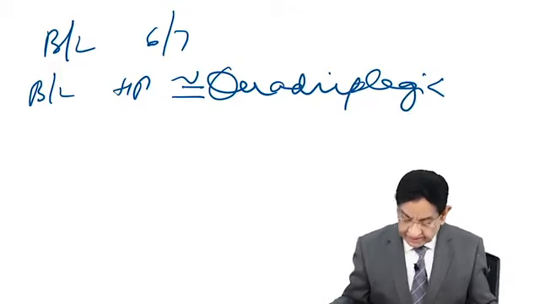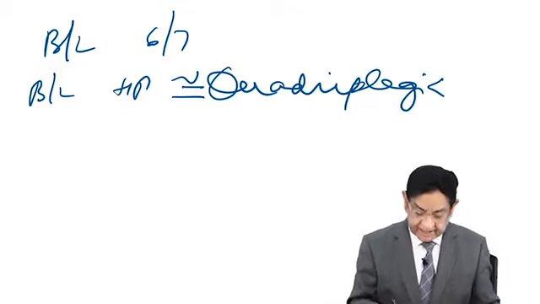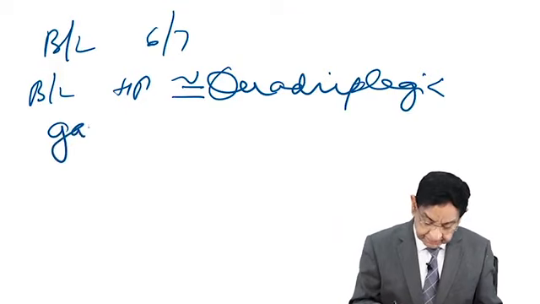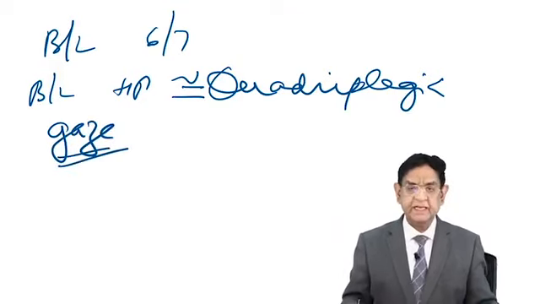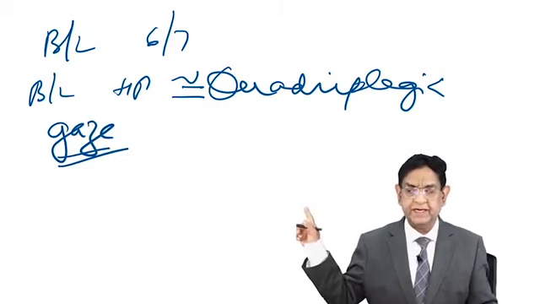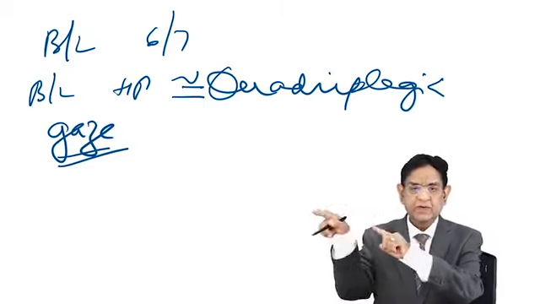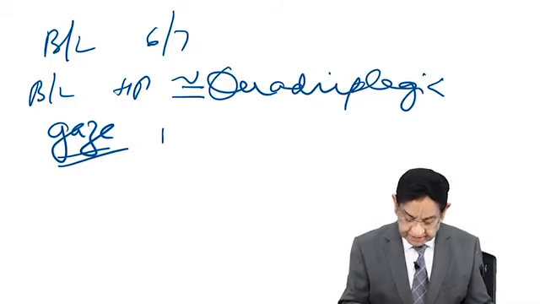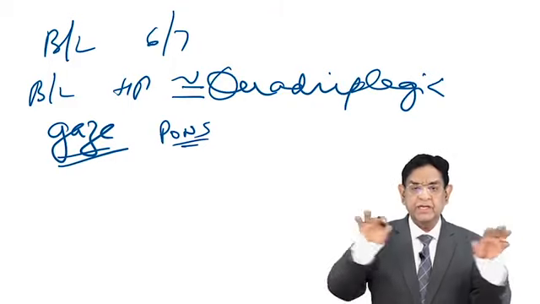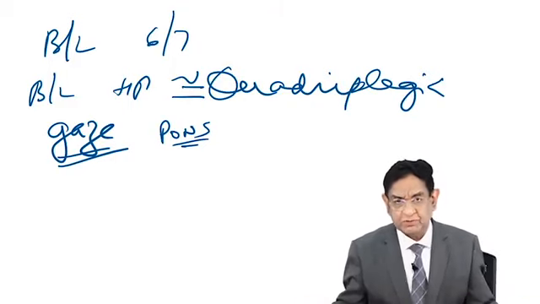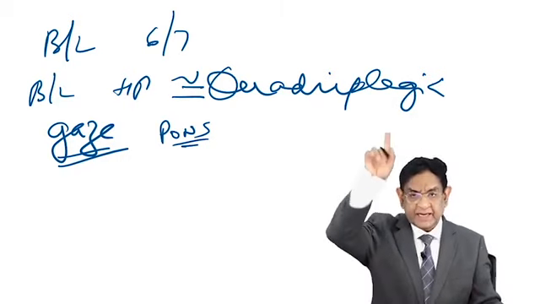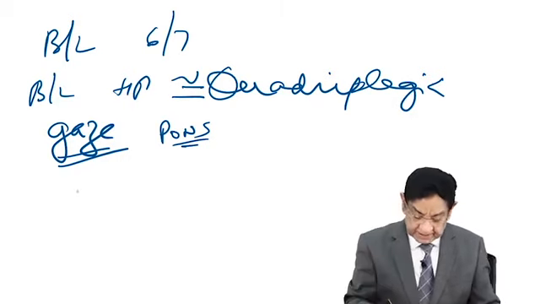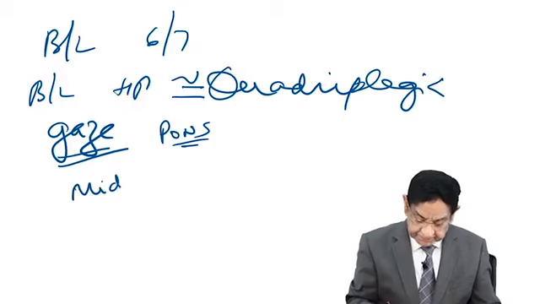In fact, we have a gaze center. Gaze means, look, I'm looking right side, I'm looking left side. This is what? Horizontal gaze. Even the horizontal gaze center is in the pons. So this patient cannot even look to the lateral side. But the vertical gaze center, moving up and down, is there in the midbrain.